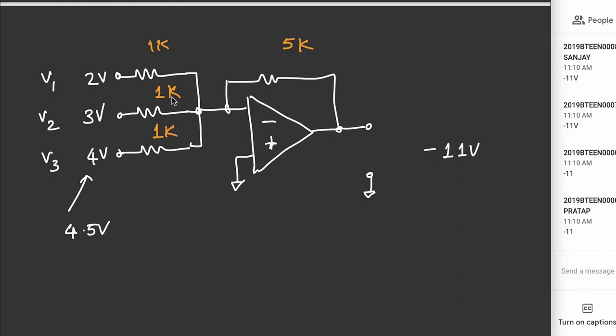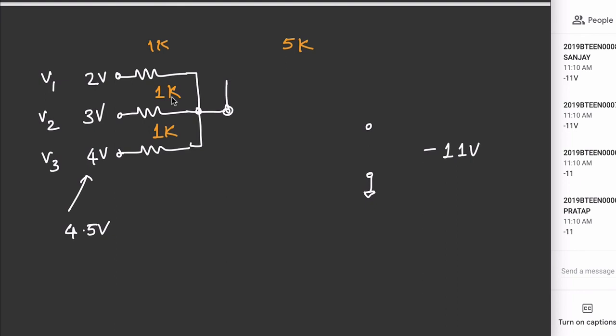Okay. So, if the output is minus 11, we can temporarily remove this just for the sake of calculation, and we can simply write here minus 11 volt and do the analysis of the circuit.